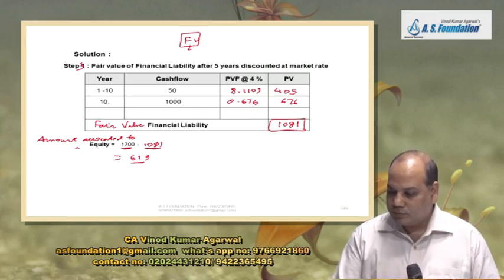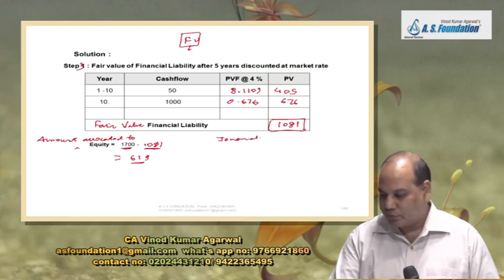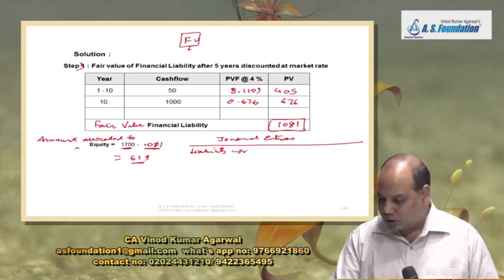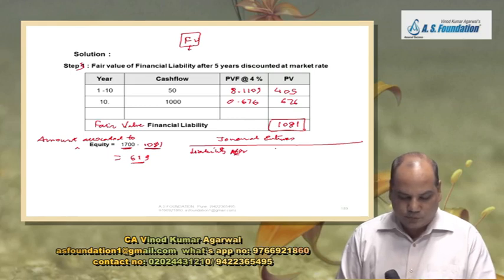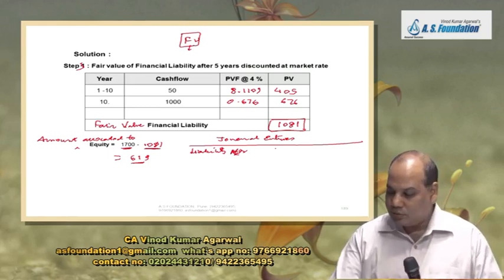Now we'll write down journal entries. 2 journal entries will pass. Liability account debit. What is the book value you have calculated? 962.